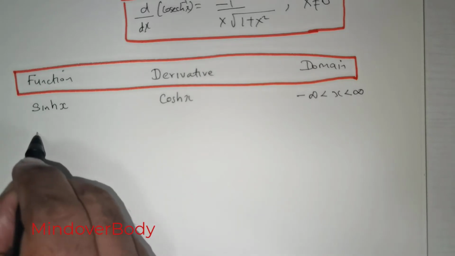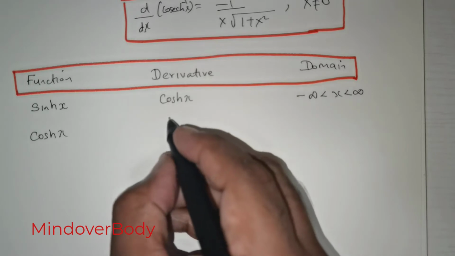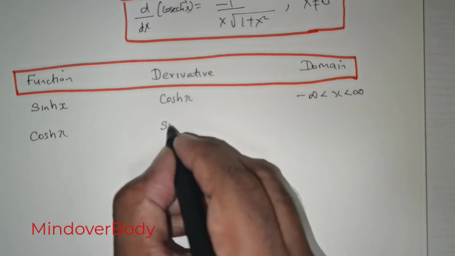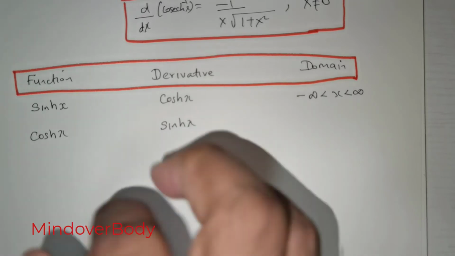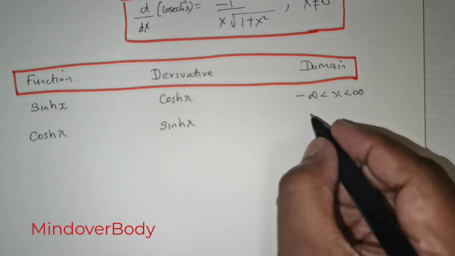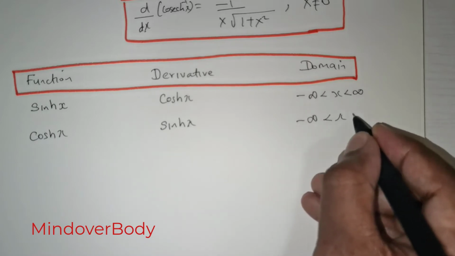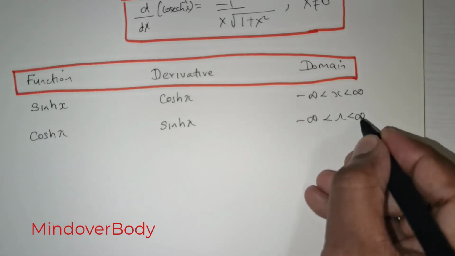The next one is cosh x. The derivative of cosh x is sinh x. I know you might be wondering why there isn't a negative, but it is hyperbolic, and the domain is negative infinity less than x less than infinity.